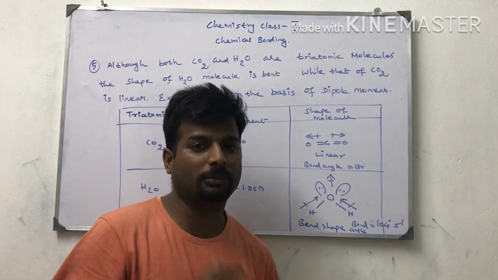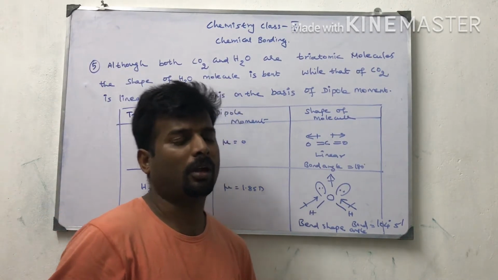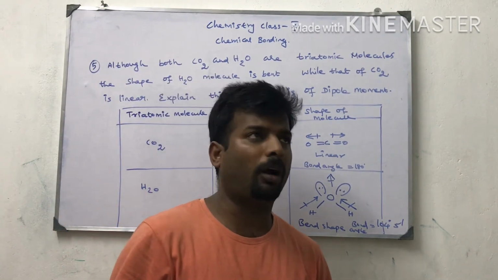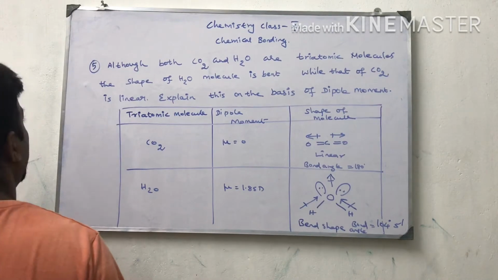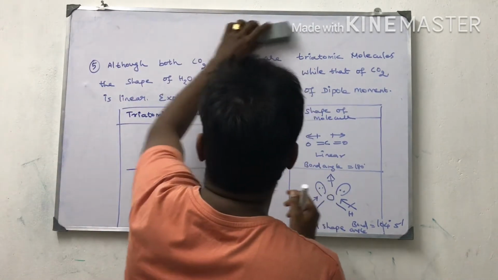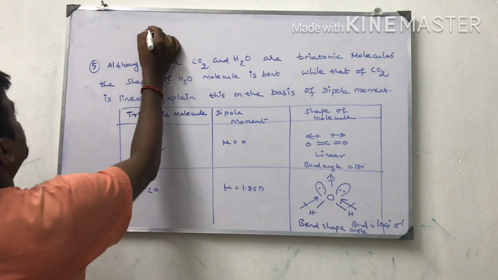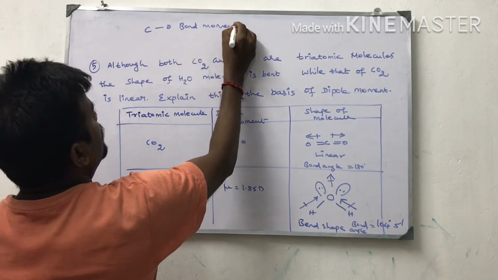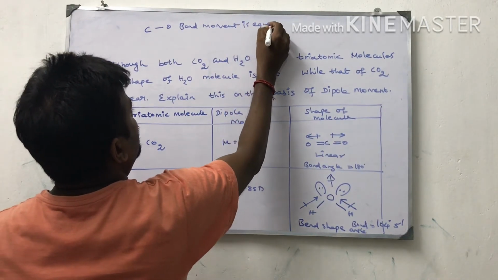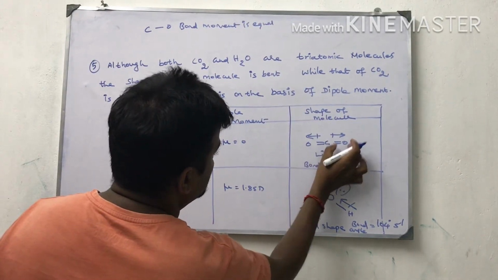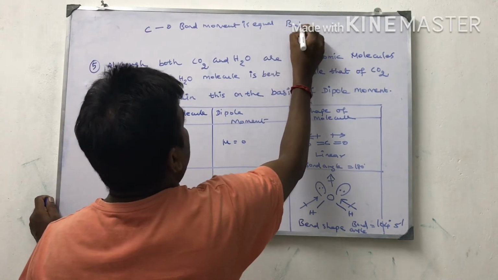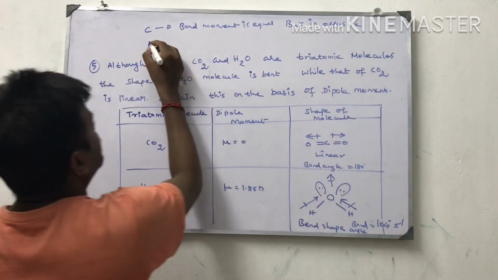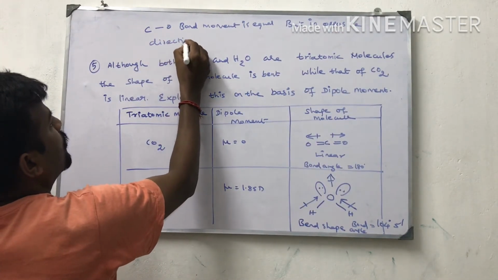Now I am going to explain why the dipole moment of carbon dioxide is 0. Because the carbon-oxygen bond moments are equal but in opposite directions, so they cancel each other.